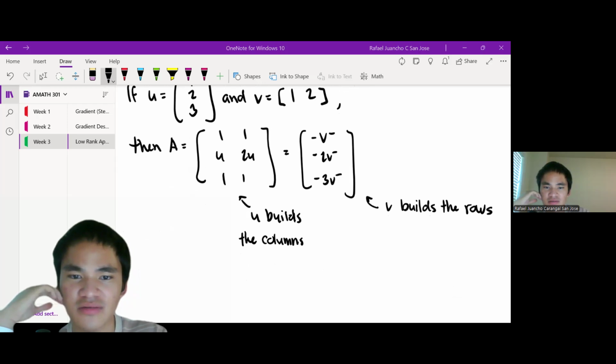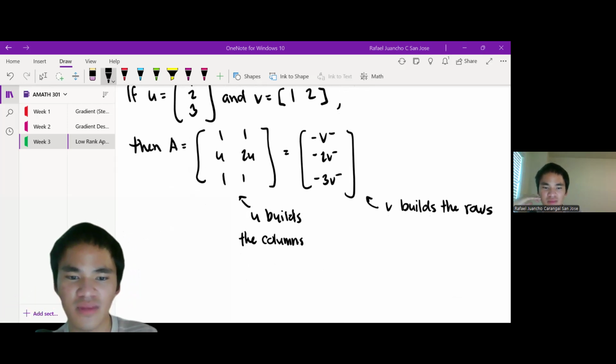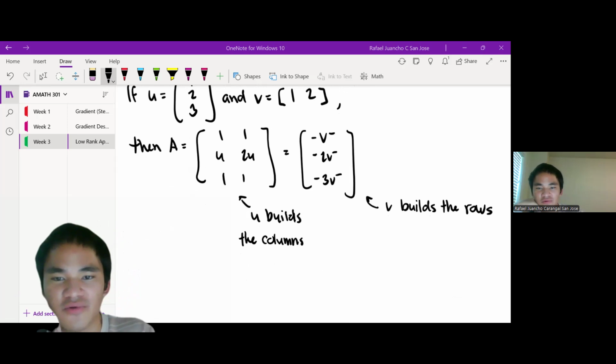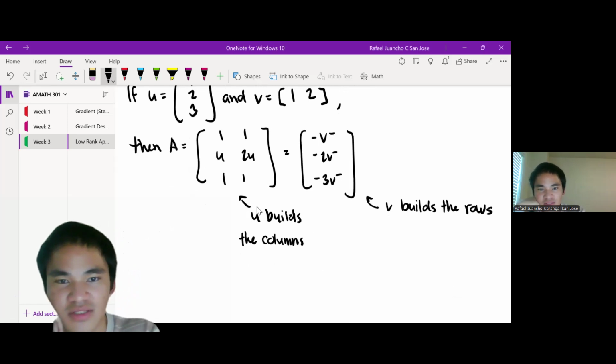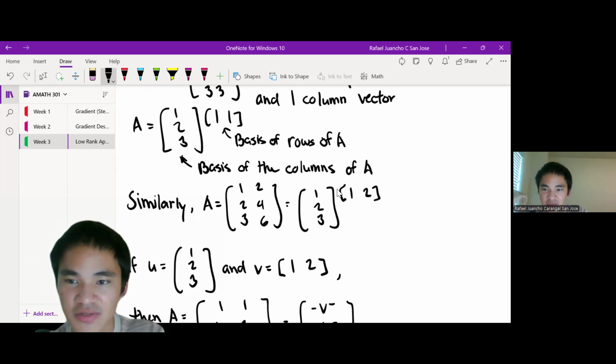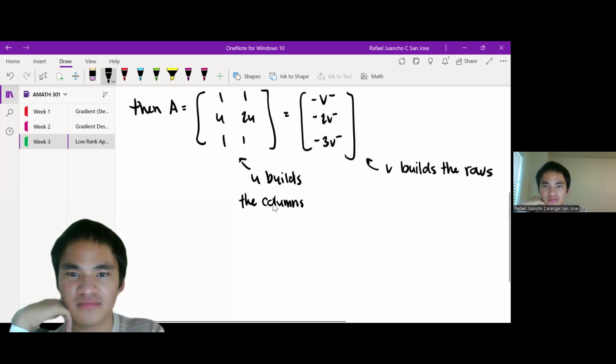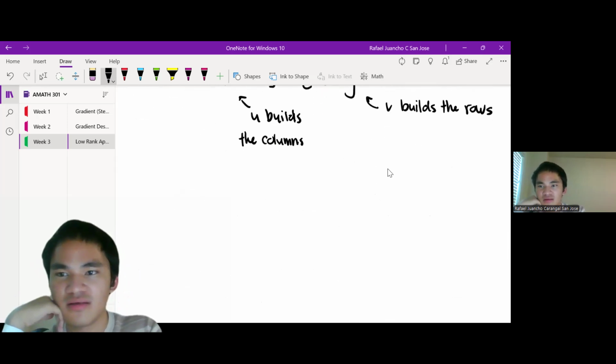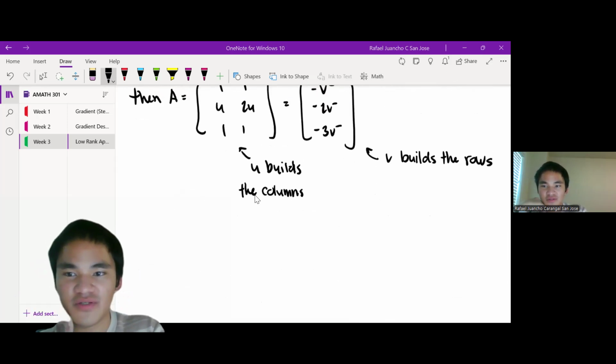And so this shows that it's rank 1. Why is that? We have one column and we have one row. That means it's rank 1, because we have one of each.